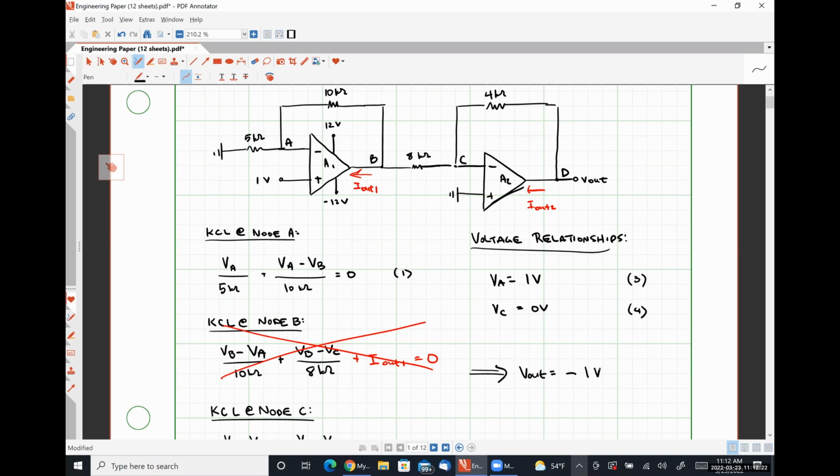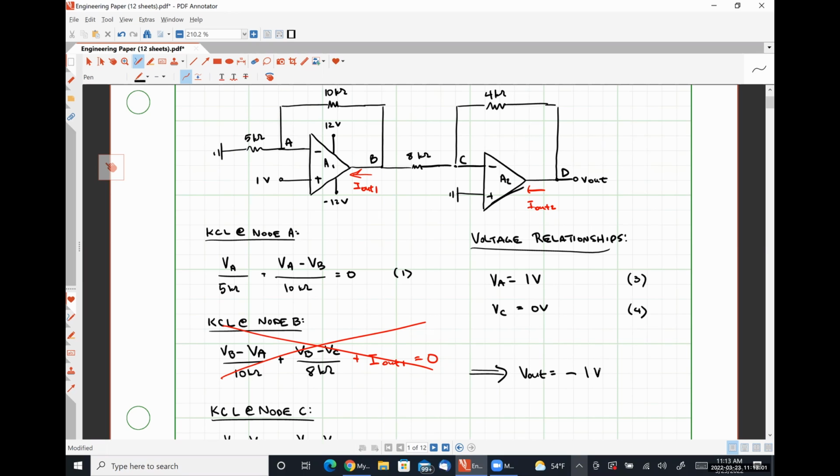Okay. So if we have a cascade of amplifiers that we don't recognize, or some configuration that we haven't seen before, we would have to employ this method where we systematically apply KCL at our inverting input nodes and use the voltage relationships from our ideal op-amp rules to figure out how our input signal propagates from here to the output of the combination.